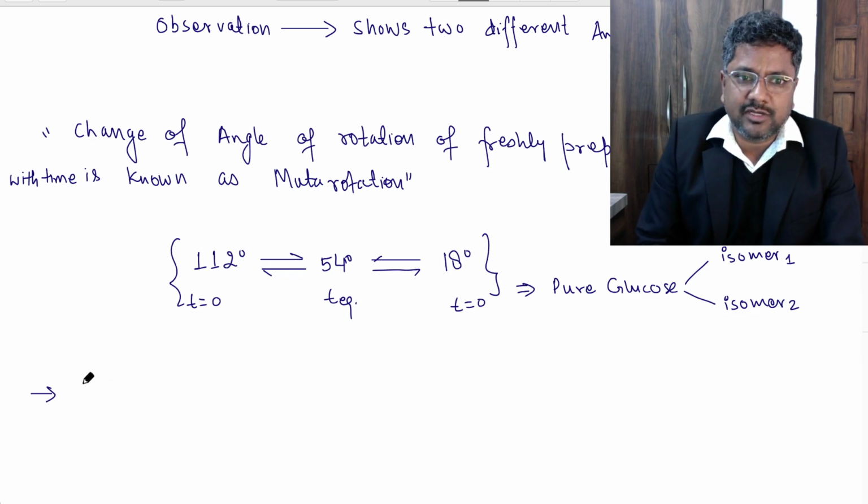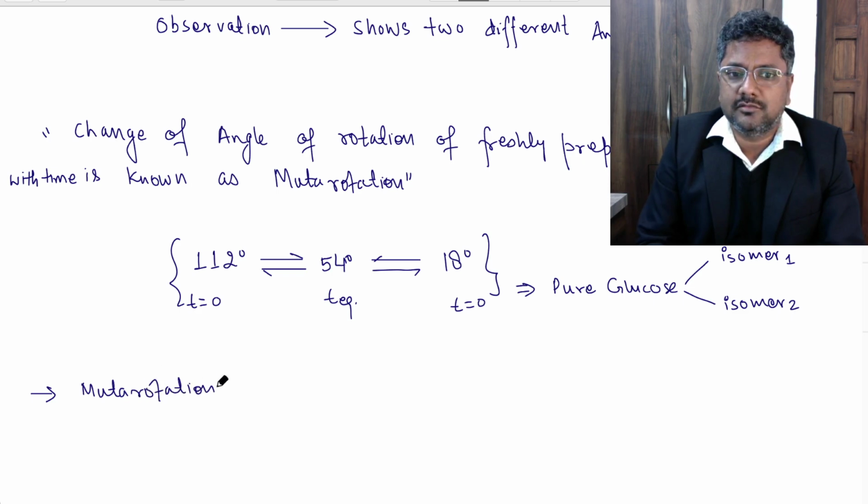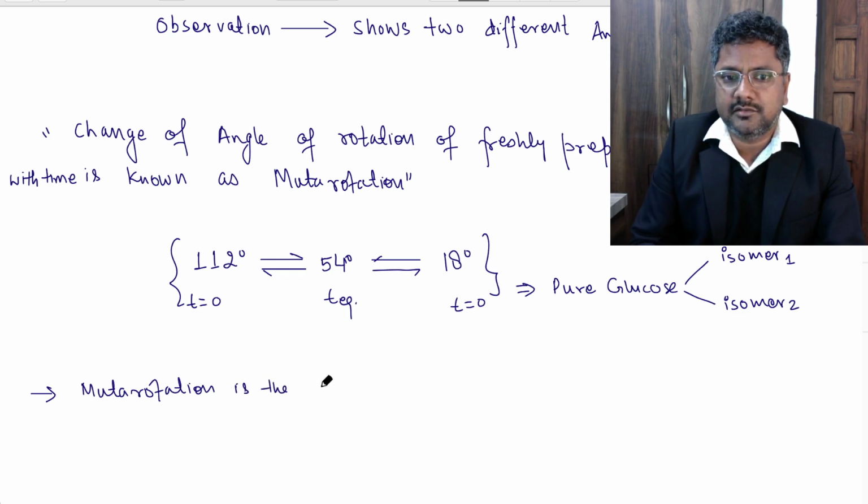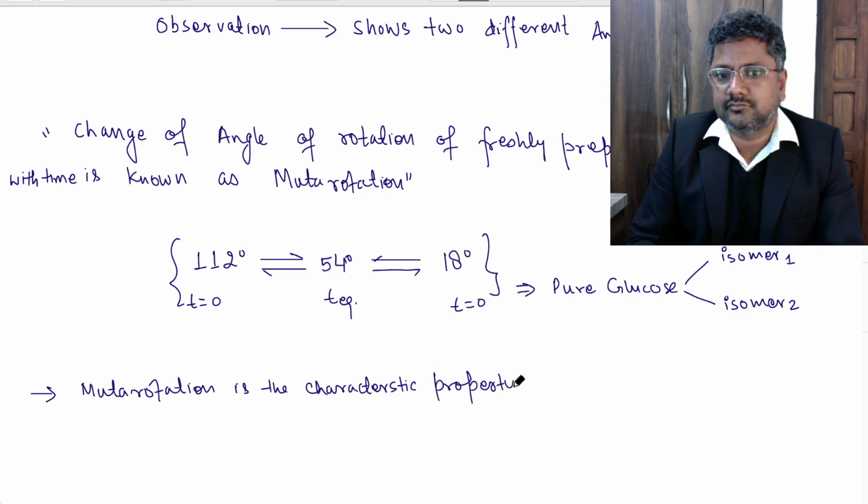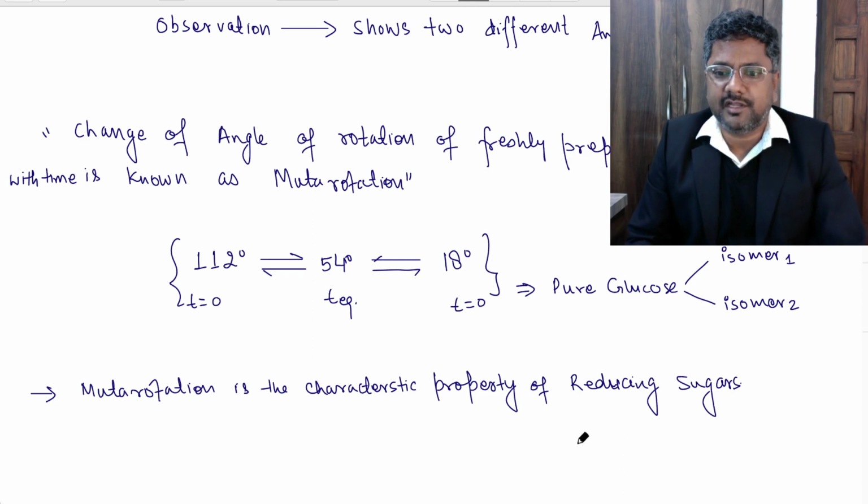So mutarotation is the characteristic property of reducing sugars, right?